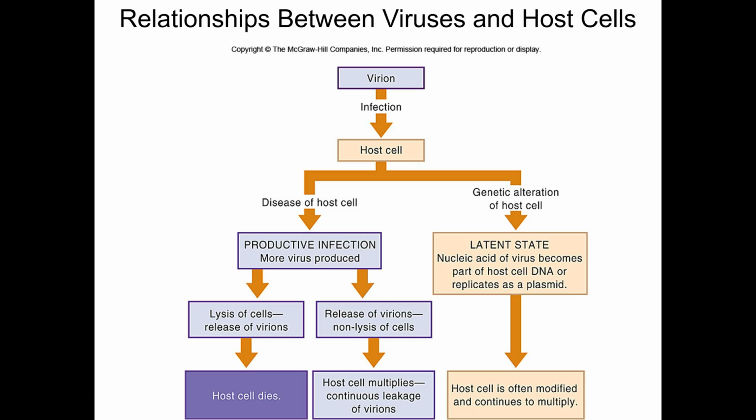All right. So we're going to start venturing into the replication cycles here in just a second. Just to introduce you folks, for all viruses, there is one of two things that may happen during an infection. Once they get into their preferred host cell, they can either directly cause disease, active infection, make more viruses, kill the host cell, start anew.